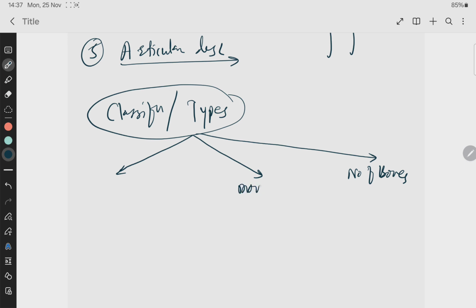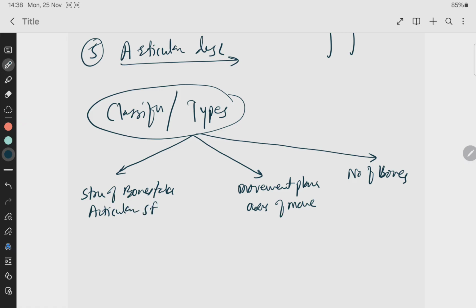According to the movement planes or the axis of movement, that is another type of classification. According to the structure of the bones taking part in a joint, that is another way of classification. That is nothing but the shape of the articular surfaces.